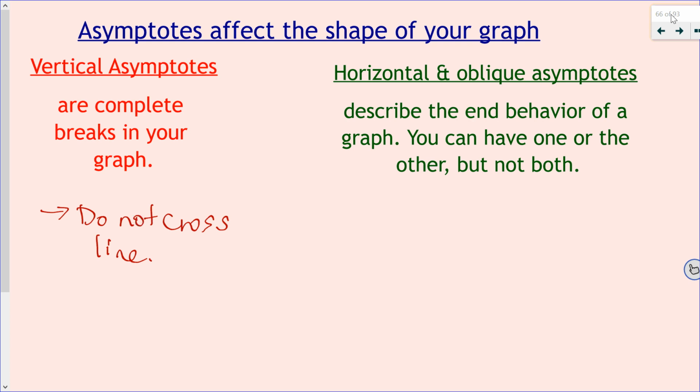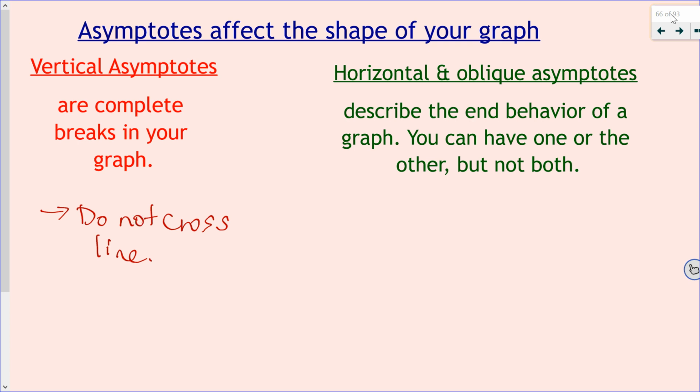So when we learned about polynomials, end behavior was either up or down. Those are the only choices. But now we get new categories of end behavior. Horizontal means end behavior is just flat, just goes flat, out left and right. Oblique means it goes along a linear equation, like y equals x.